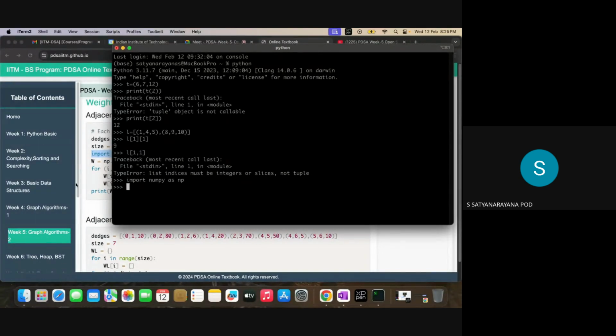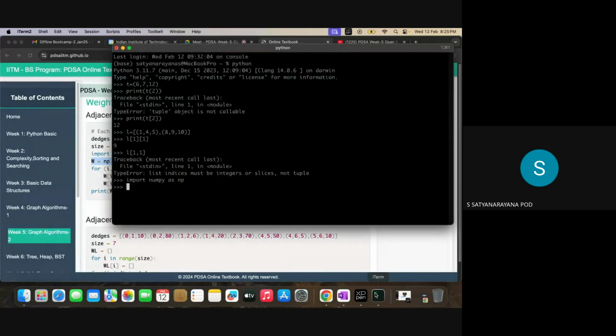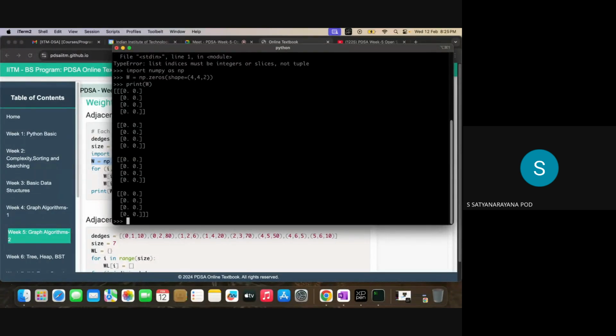I'm creating an array. It's not like lists. I'm creating a 4x4 matrix. Is it okay? Yes, sir. Now print W. How does it look? Please see that.